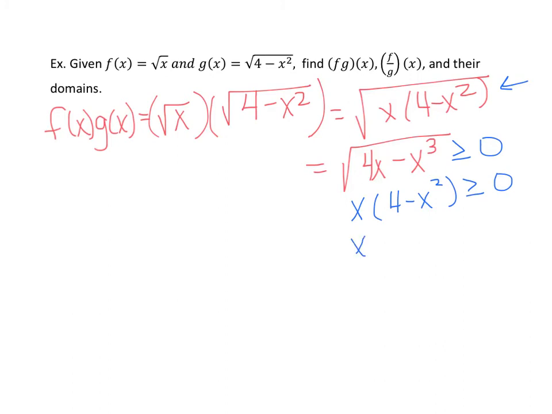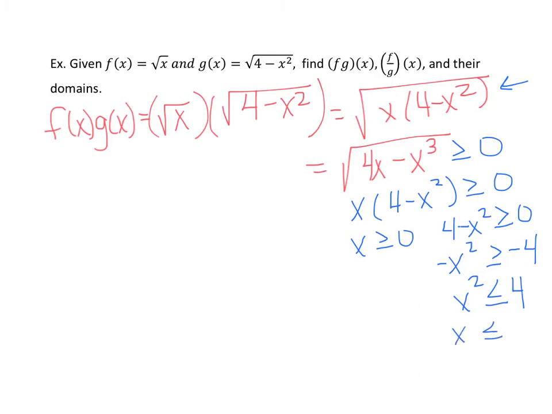So my x has to be greater than or equal to 0, and 4 minus x squared has to be greater than or equal to 0, which means negative x squared is greater than or equal to negative 4, divide by negative, x squared less than or equal to 4, square root, x less than or equal to 2.